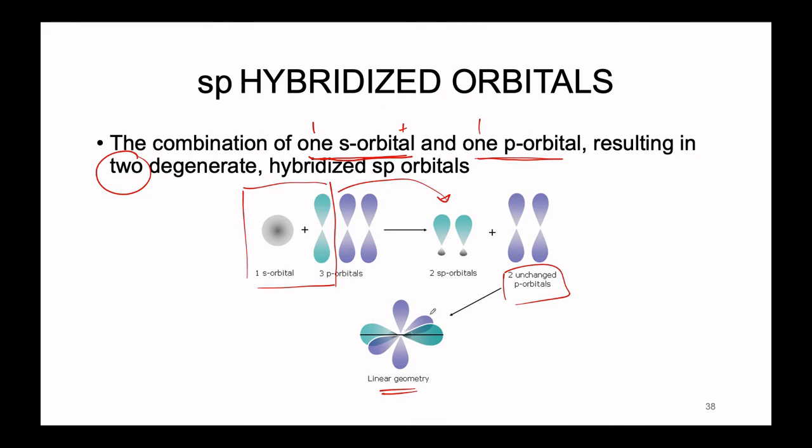So as we allow for a stable geometry to kind of reconfigure and exist between these 2 sp orbitals and the 2 unchanged p orbitals, we can see that the teal orbitals down below have created, again, this nice linear configuration where we have one orbital on the left and a second orbital on the right. Do not be confused.